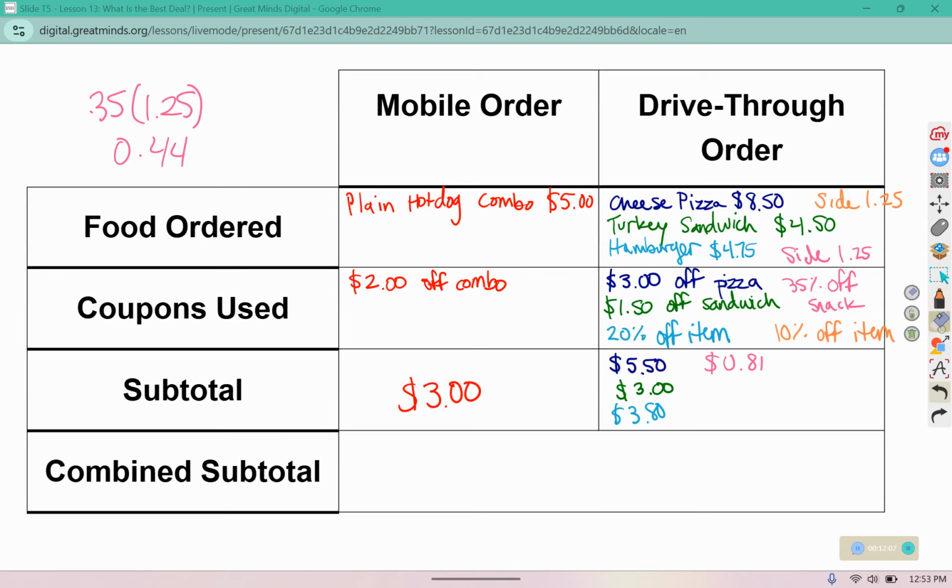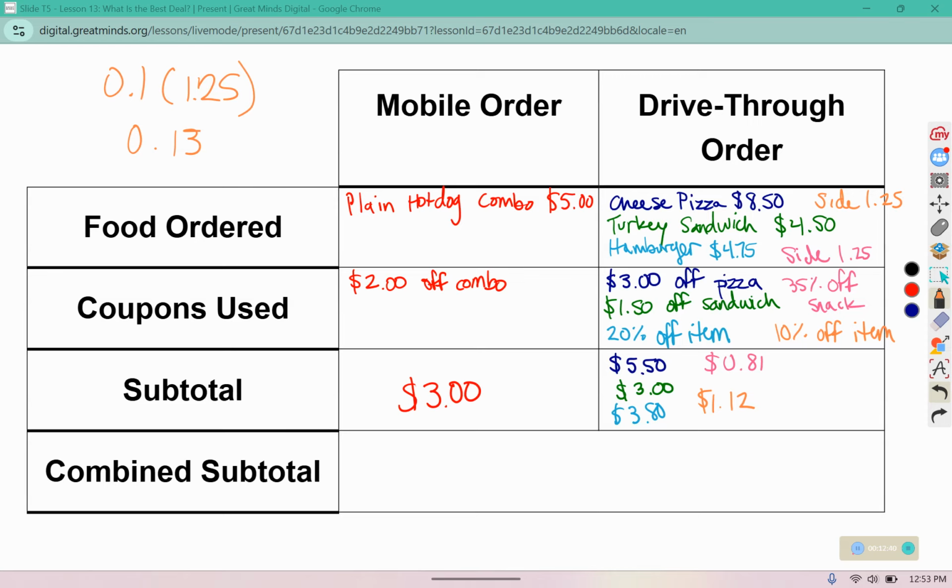So if we did 10% off of $1.25, that is about 13 cents. So $1.25 minus 13 cents leaves us with $1.12 left for the second side.